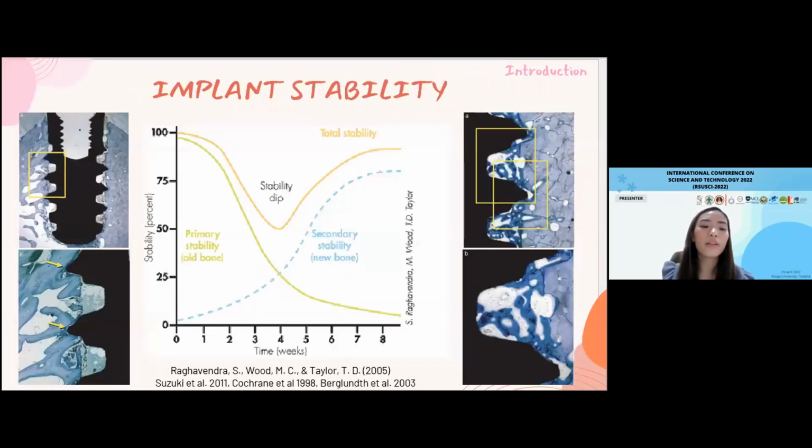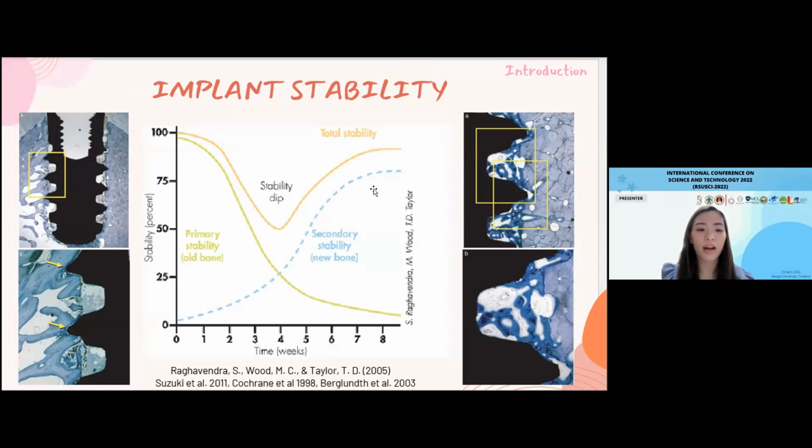This graph shows the trend of implant stability. Firstly, the primary stability is high, leading to a satisfactory osseointegration process. After that, the primary stability is reduced due to the bone remodeling process. The secondary stability continuously increases over time.